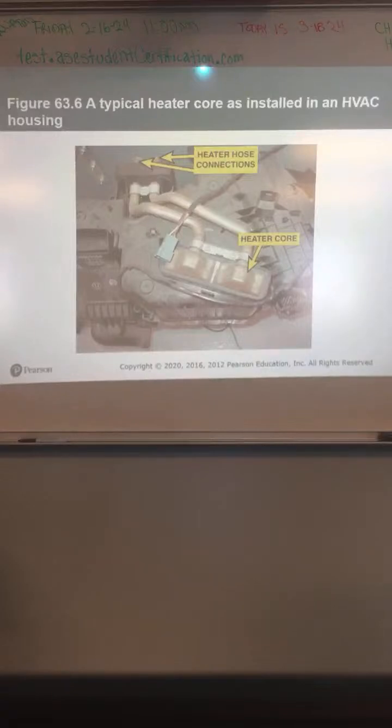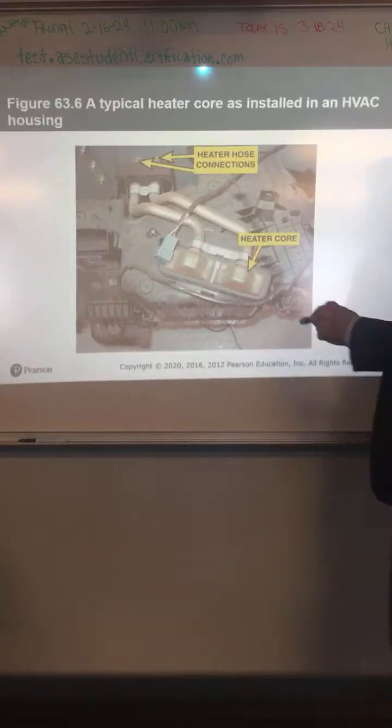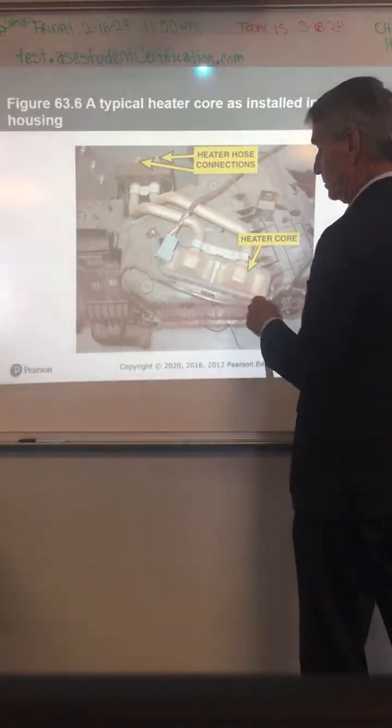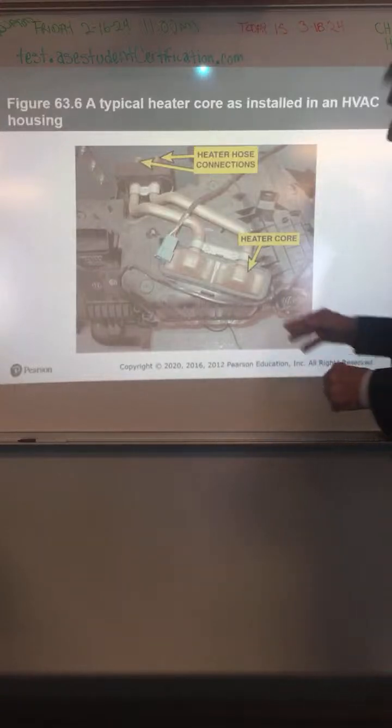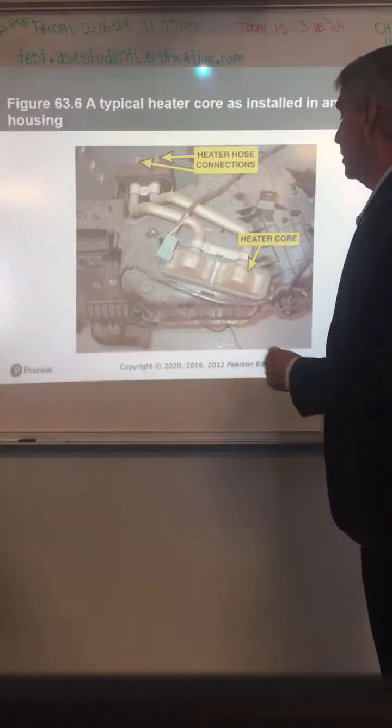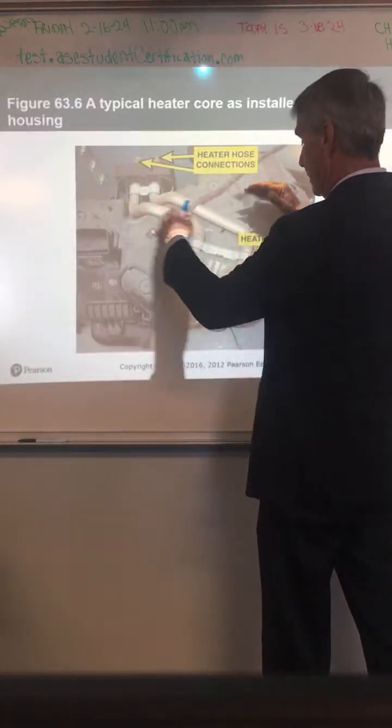In order to replace the heater core on most vehicles, it's a major operation. You have to remove the dash. A lot of times it's a big job. Luckily, these don't leak a lot. Sometimes they do, and if so, it's typically a pretty big job. Obviously, you're looking at the inside of the car.